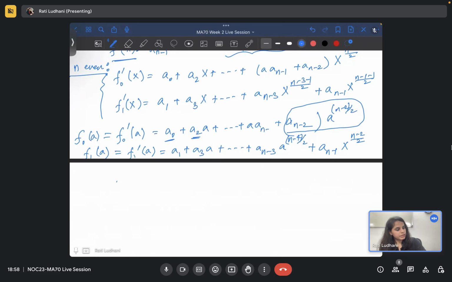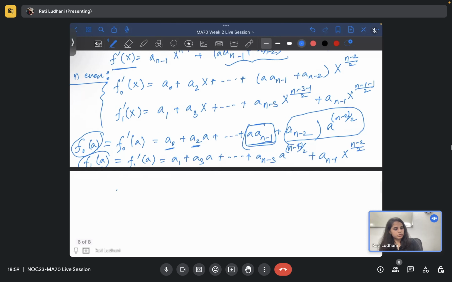So when you multiply, you have this part also, which was something missing in the sense that when you go degree down, it is captured here. So when you multiply by this a n minus 2 by 2, you will get this exact power. So these are actually equal to f0 and f1 of a.